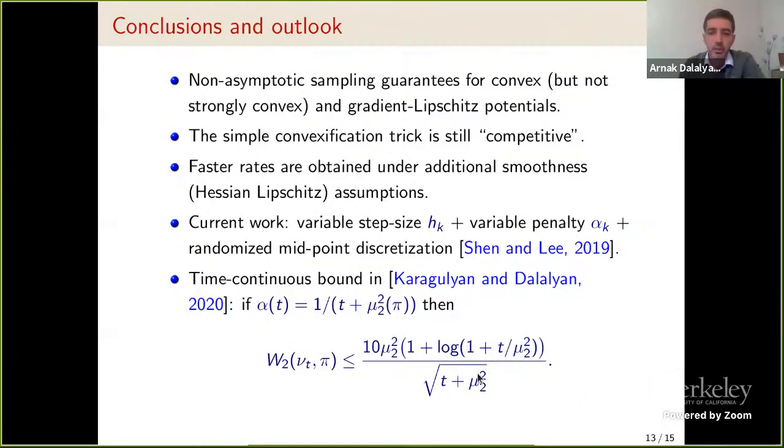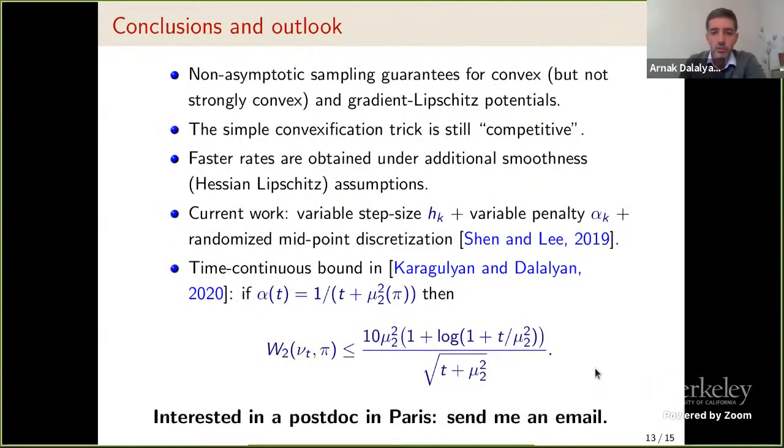Okay. So we have these nice results for continuous time diffusion process. Now the goal is to discretize it, and we believe that using midpoint discretization, we will get the best results for this.